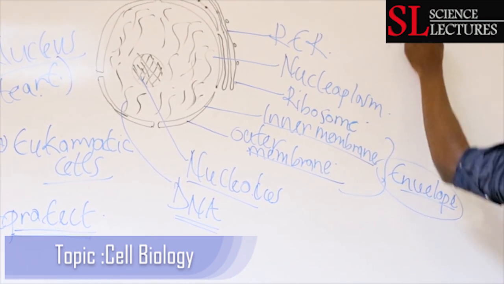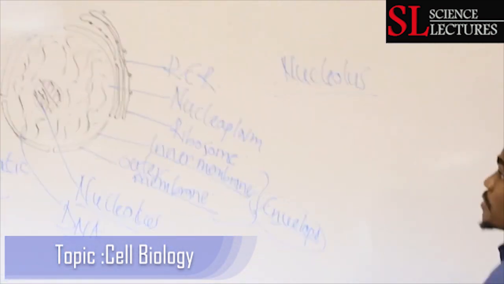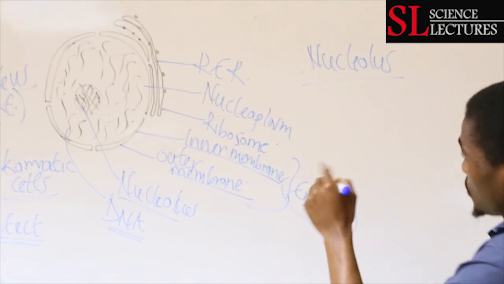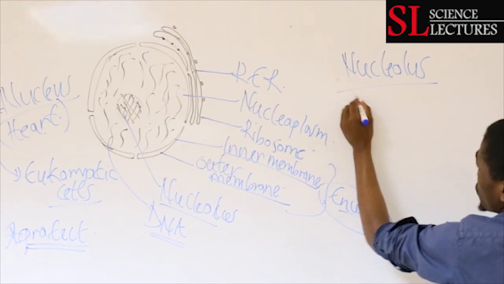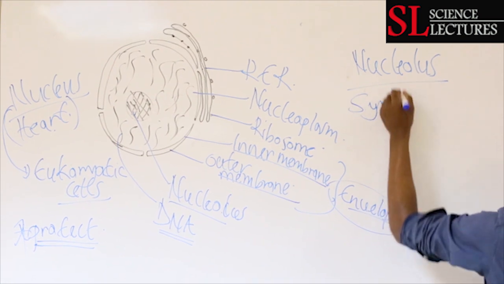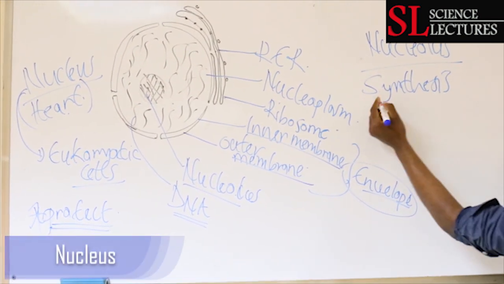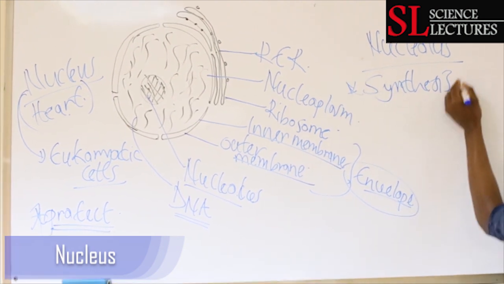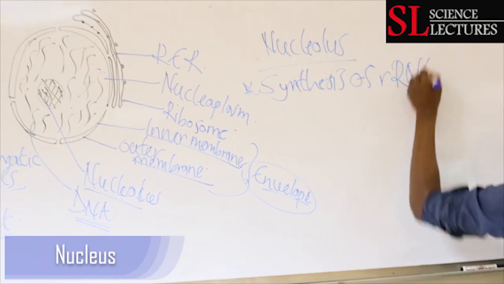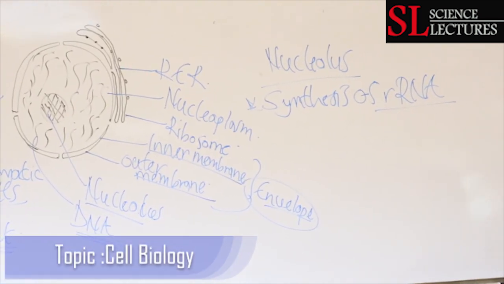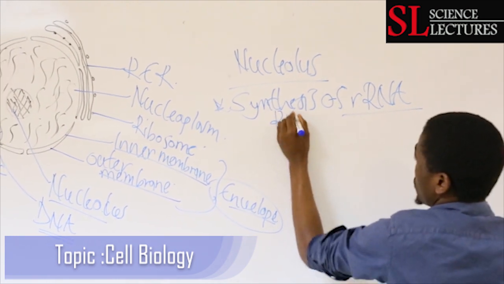The function of the nucleolus is to help in the synthesis of ribosomal RNA, or we can simply say it is used in the synthesis of ribosomes.